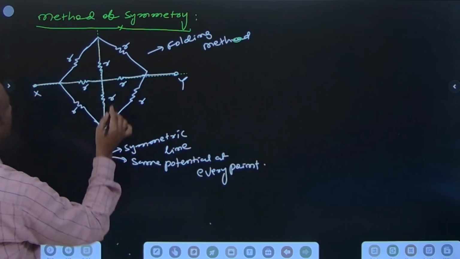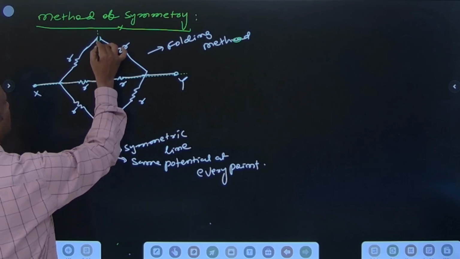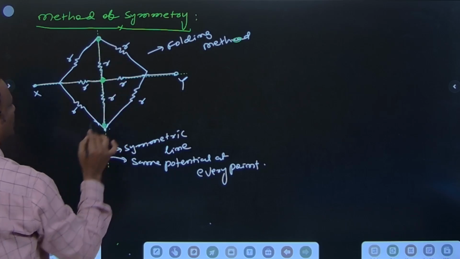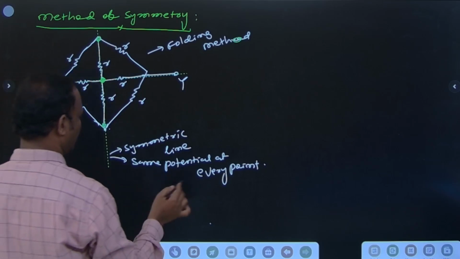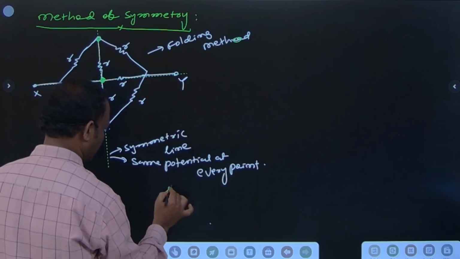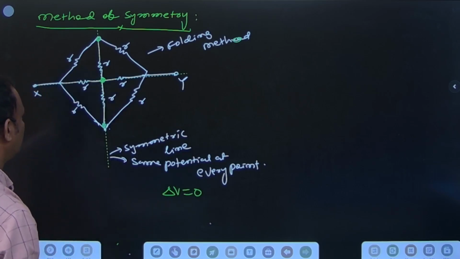Same potential at every point means here potential, this potential, this potential, this potential, the potential difference is 0. So delta V is equal to 0. Here what to do?